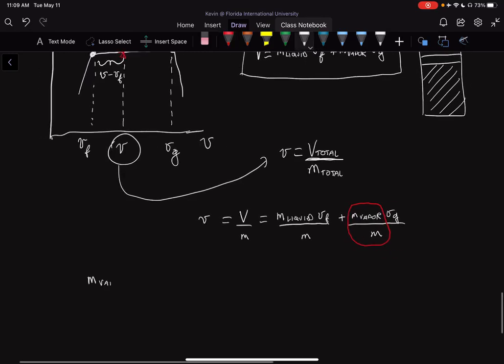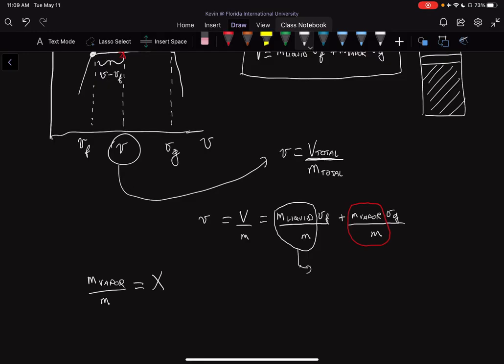Mass of vapor over the total mass of the mix is equal to x. We defined it as x. Remember, that was our quality. And what we can say too is, what is the mass of liquid over M?